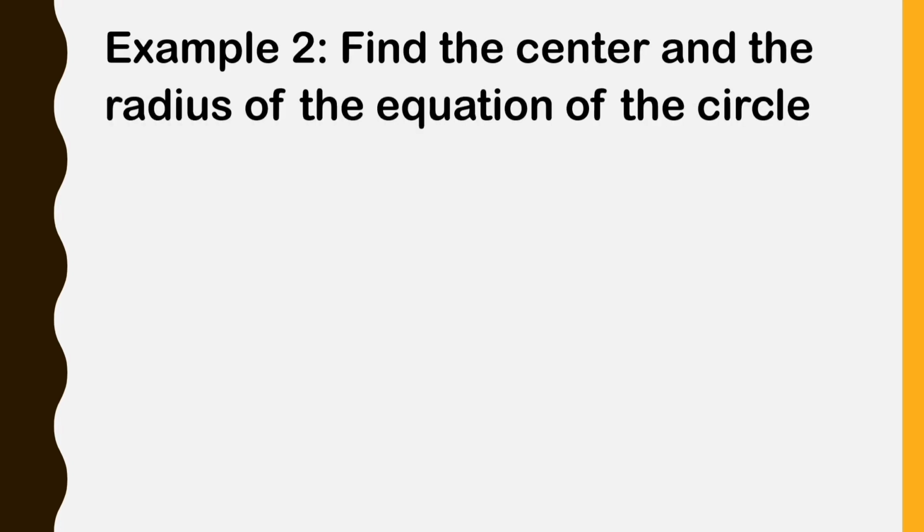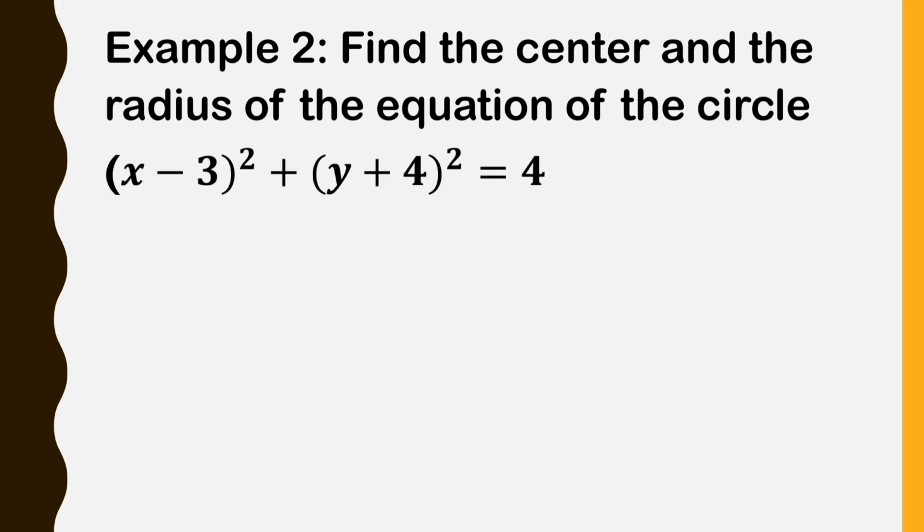Example number 2. Find the center and the radius of the equation of the circle (x minus 3) squared plus (y plus 4) squared is equal to 4. This equation is in center-radius form. This is our h and this one is our k.